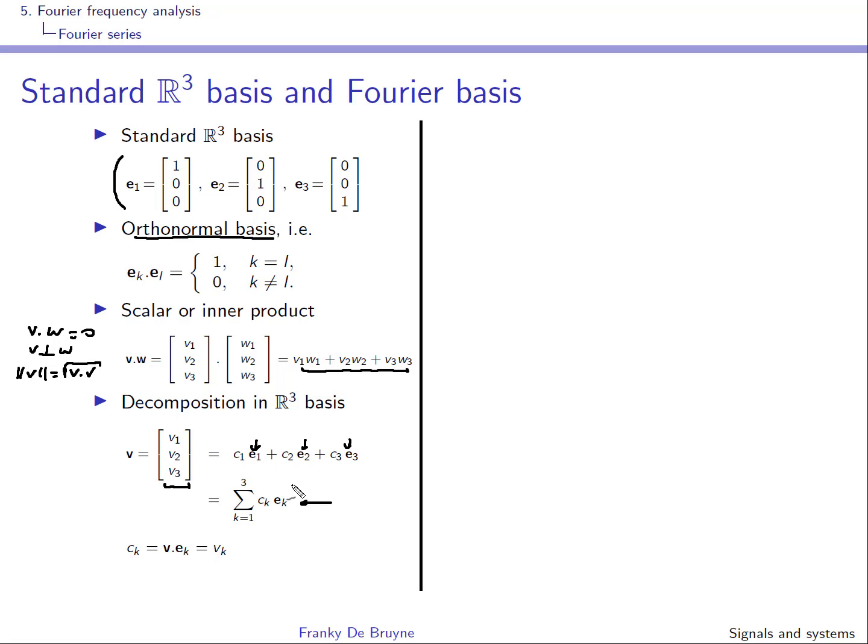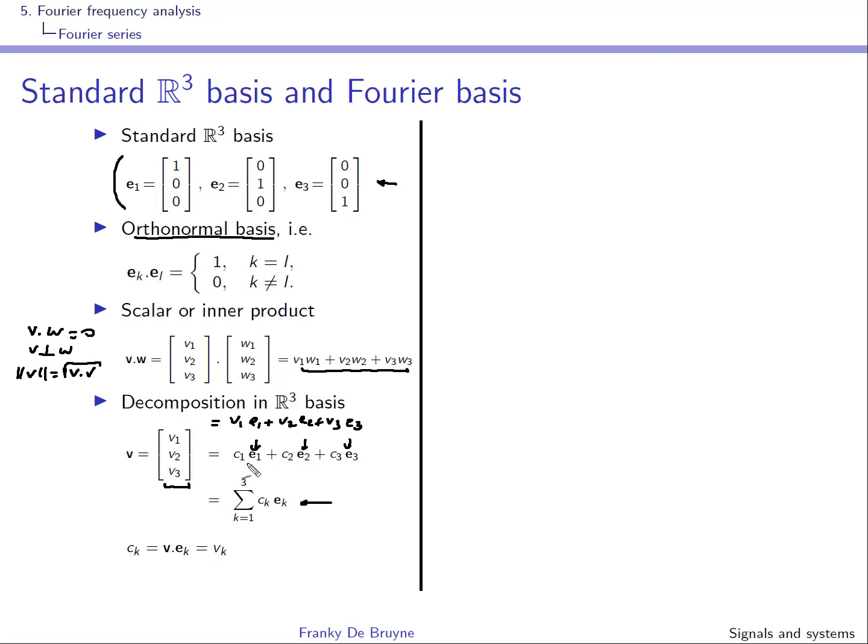It's obvious that C1, C2, and C3 are indeed V1, V2, and V3. So V can be written as V1 times E1 plus V2 times E2 plus V3 times E3. This is kind of obvious when you look at these vectors over here. This is the decomposition of V in the standard basis.